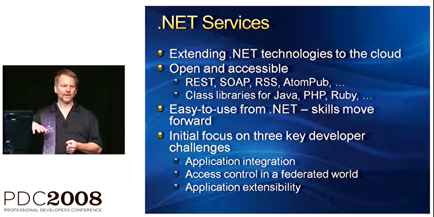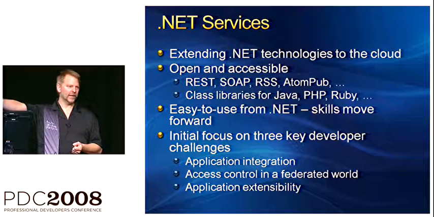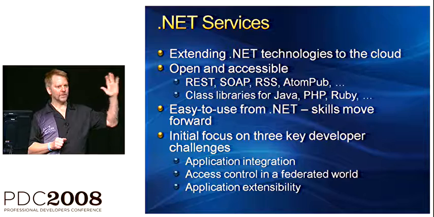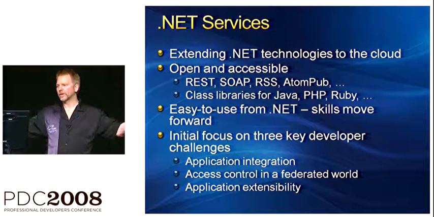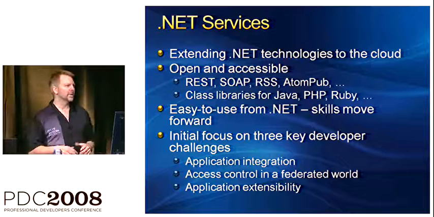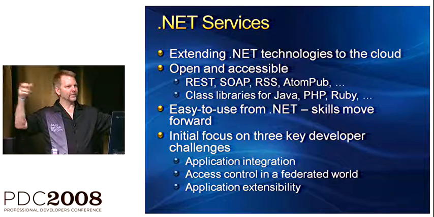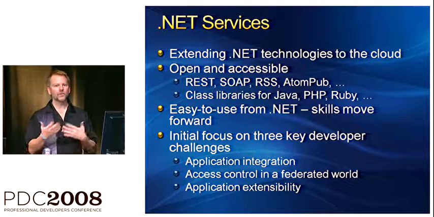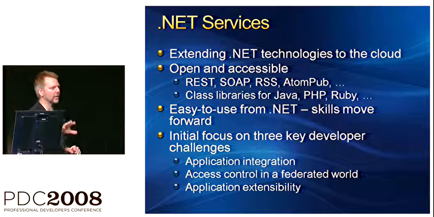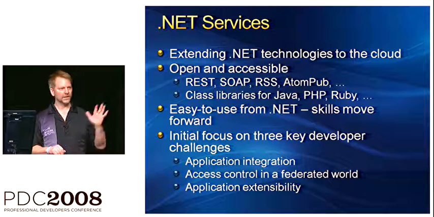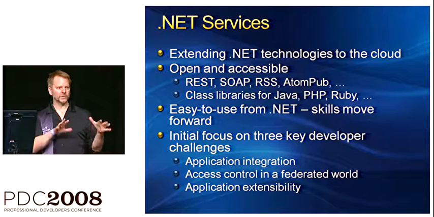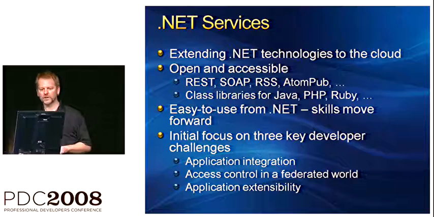You might have somebody in a company running Tivoli, IBM's identity manager. You might have somebody running AD. How are we going to make sure those identities can work across there? And then finally, app extensibility becomes a very big deal as we have these large extensible systems. How are we going to make that easier for people? So that's where we focused. The talk is going to go through each of the services, the service bus, the access control service, and then the workflow services that directly address each of these areas.